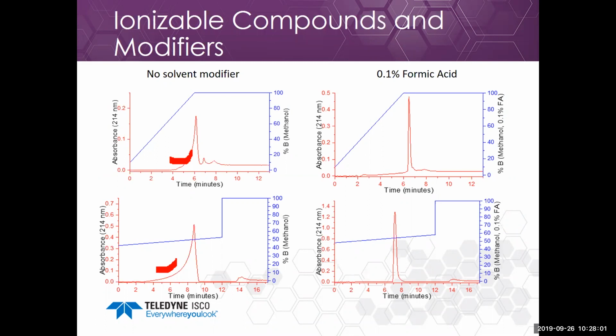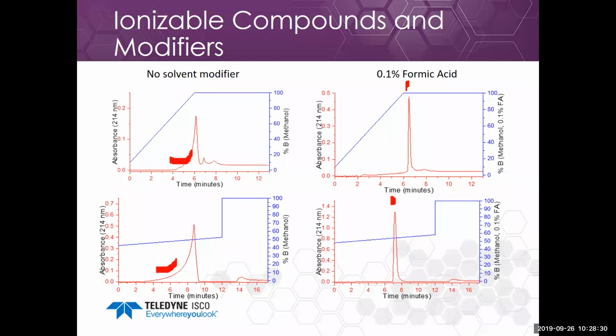In the second run over here, we ran 0.1% formic acid, and you notice that the main peak doesn't change very much with respect to the focused gradient, and the calculated focus gradient is actually pretty similar to the one run without the modifier, but the peak shape is greatly improved. So as you can see, the scouting peak shape often gives a clue that the prep run may or may not work very well.